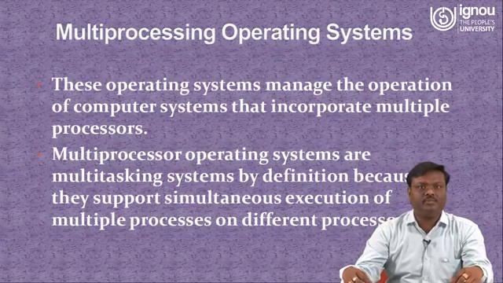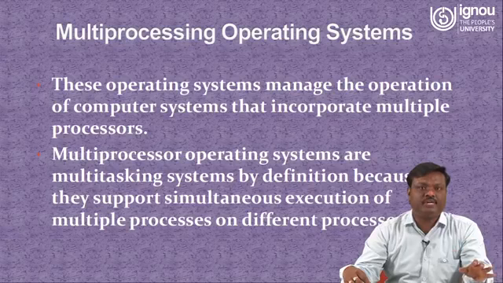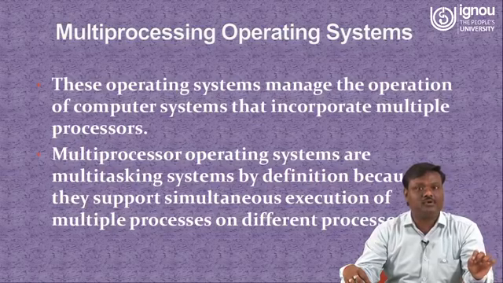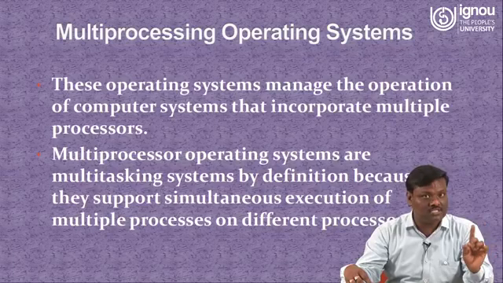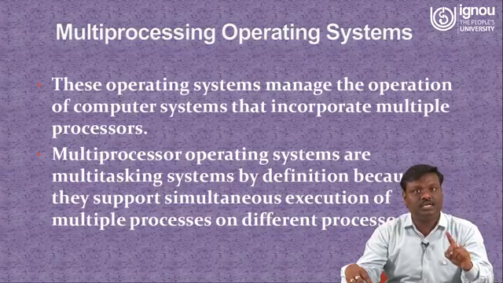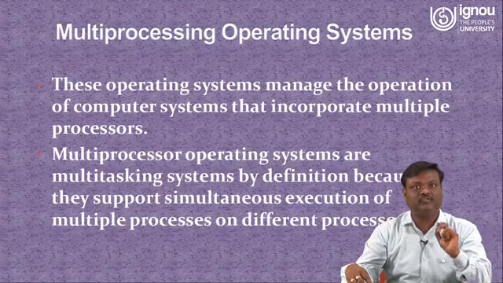So coming to the multiprocessing operating system, these operating systems manage the operation of computer systems that incorporate multiple processors. The first one is multitasking with a single processor, but here the number of processors is increased to more than 1.